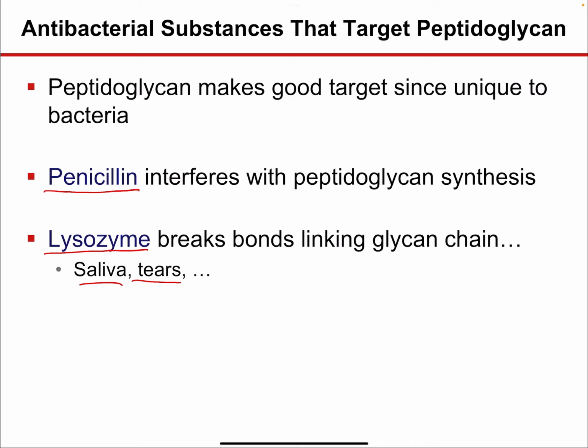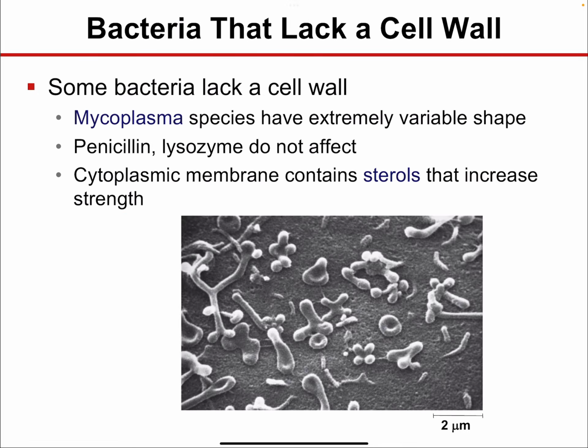That's why you have lysozyme in tears, you have lysozyme in your saliva, and most of the time you actually don't have eye infection or mouth infection because the lysozymes are actually doing a tremendous job at controlling all these nasty guys.